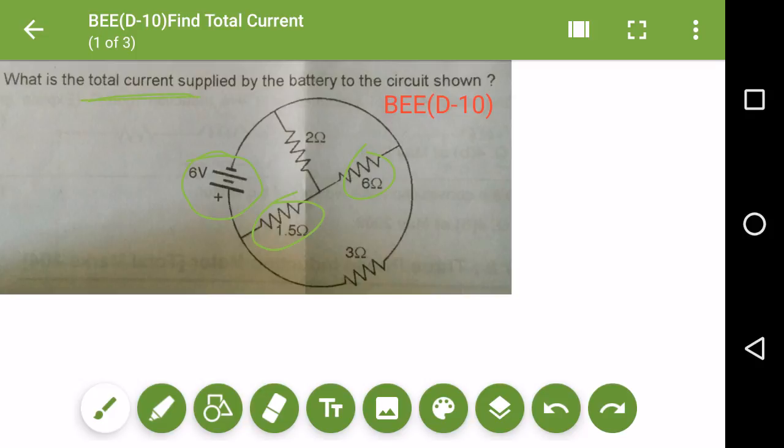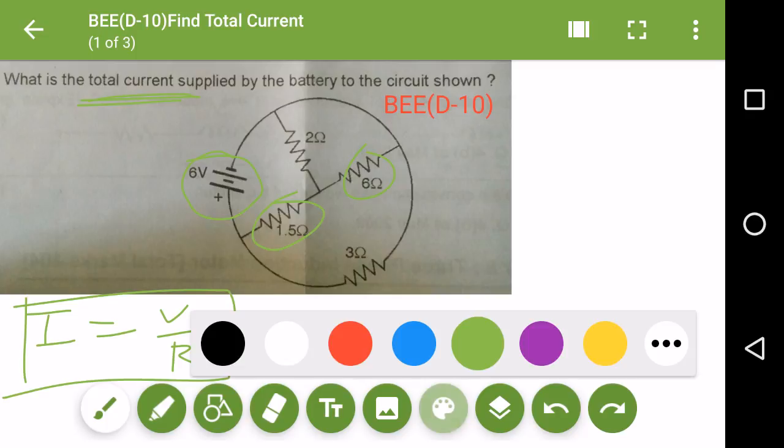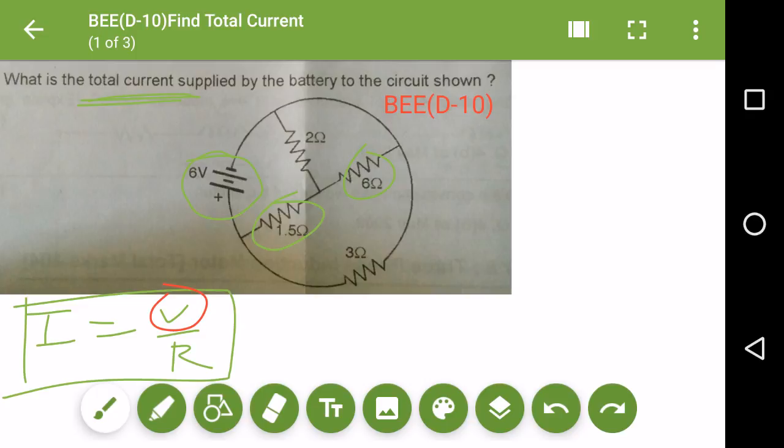We need to find the total current, and from Ohm's law we have a formula for current, that is I equals V upon R. That's so simple. We just need to know the total voltage, that is V, which is provided, 6 volt, and we need to find the total resistance, that is R, which is not given to us.